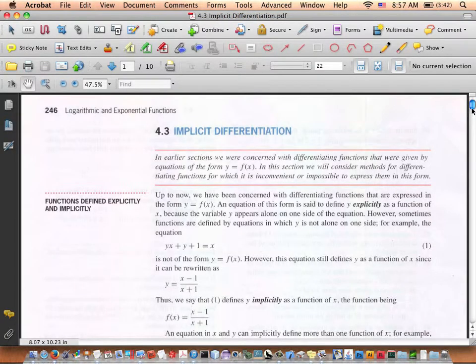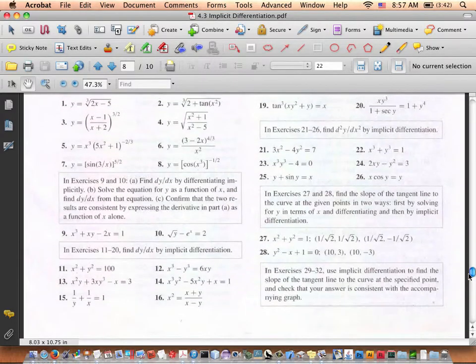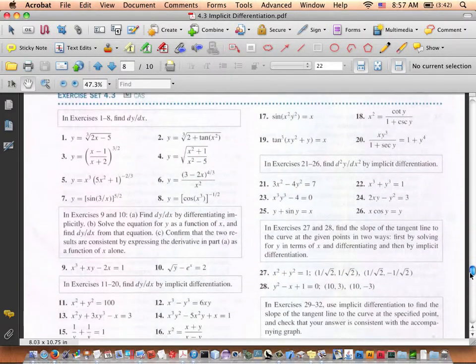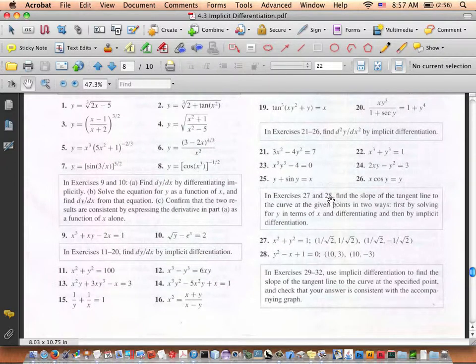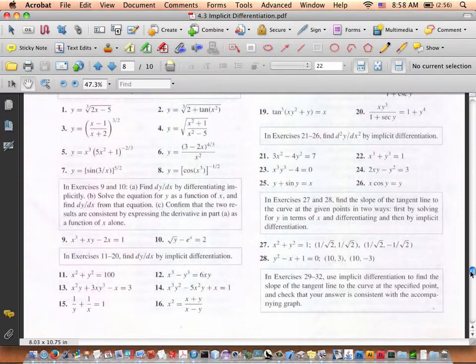But implicit derivative can be an advantage. And as odd as this sounds, in the real world, sometimes you don't know what y is as a function of x.